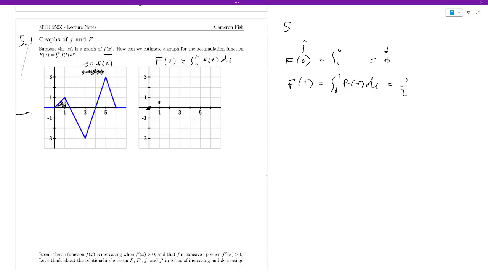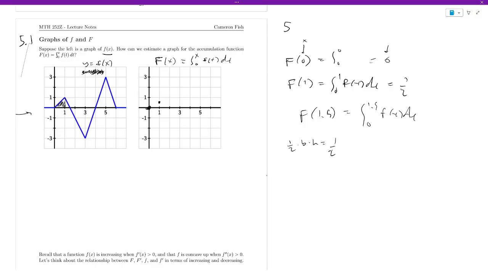Okay, let's just try a few more points. Maybe let's try F of 1.5. I picked that because that looks to be about where little f is crossing. So we're integrating my little f from 0 to 1.5, and I want to find this area. I already had the 1/2 from before. Now I'm adding on a bit more. We can find the area of that triangle. It should be 1/2 base times height.